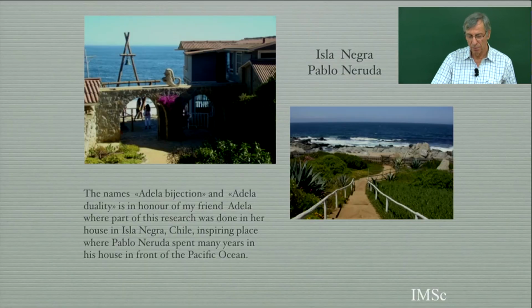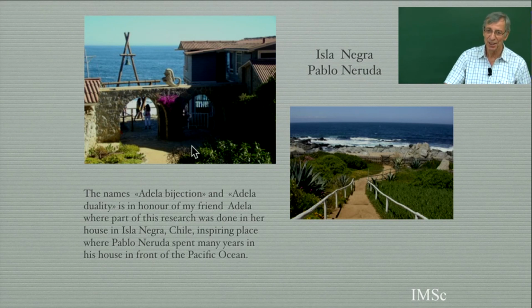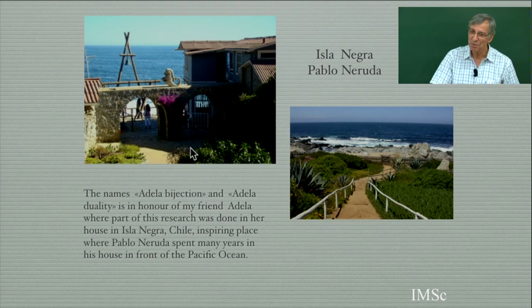And you may ask why Adela bijection. Is because I have all this inspiration when I was in Chile, in the Pacific Ocean, in Isla Negra, the town of the famous poet Pablo Neruda.